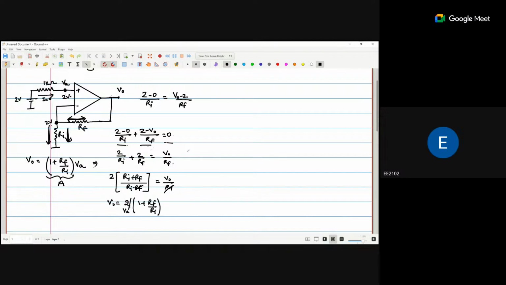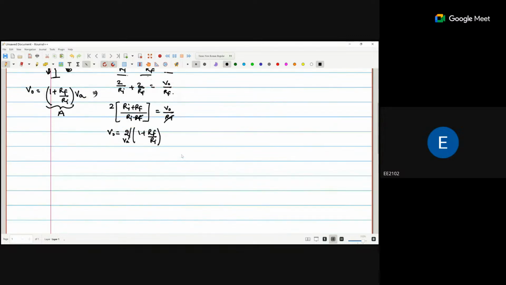Why? Because the direction of current is incoming. That means V naught is the higher potential and 2 is the lower potential. So V naught minus 2 upon Rf. So you can write it any way, either taking the incoming current or the outgoing current. Clear? Any doubt? This is what we discussed in the last class.